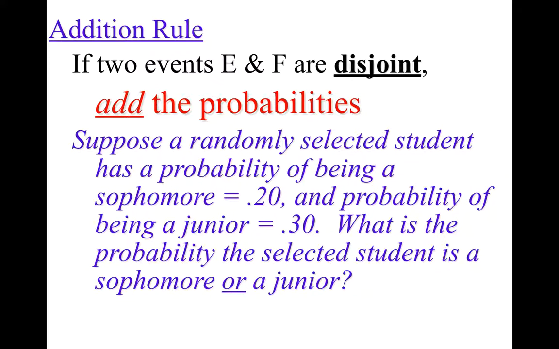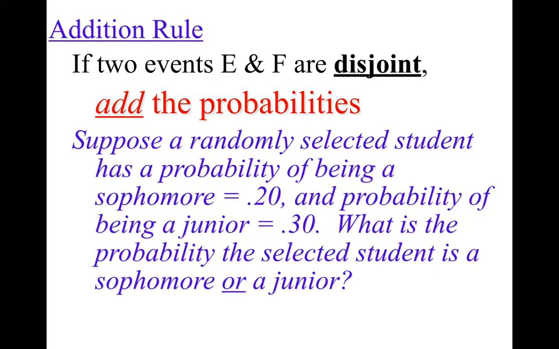So a quick example just to remember what we're doing. Suppose a randomly selected student has a probability of being a sophomore of 0.20, and a probability of being a junior of 0.30. What is the probability the selected student is a sophomore or a junior? Remember, the "or" problems were the ones where you added the probabilities.